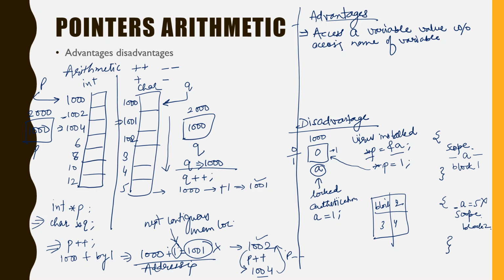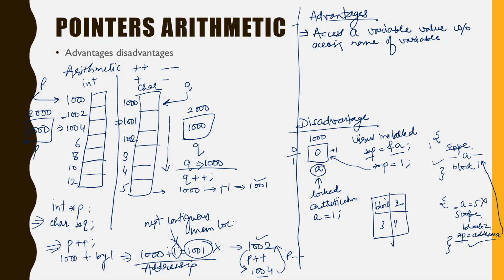But if you use a pointer variable, and it has the address of A, which is of this particular block, right?